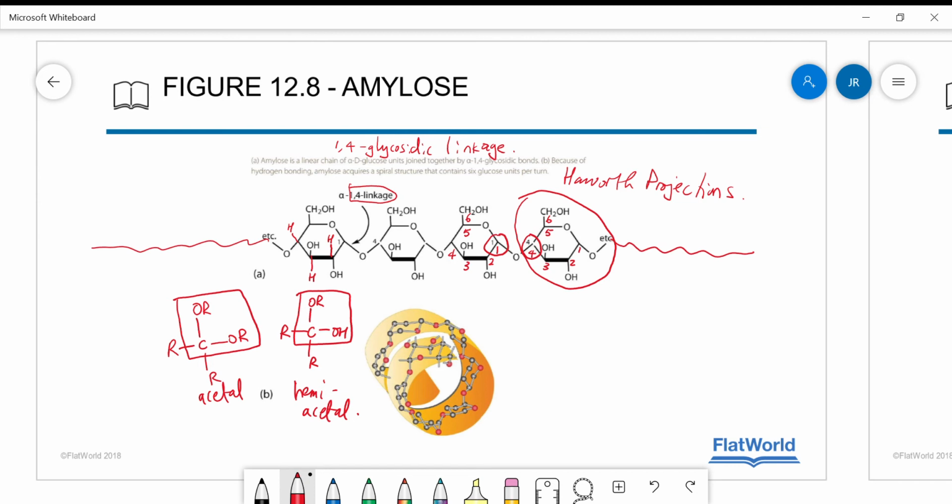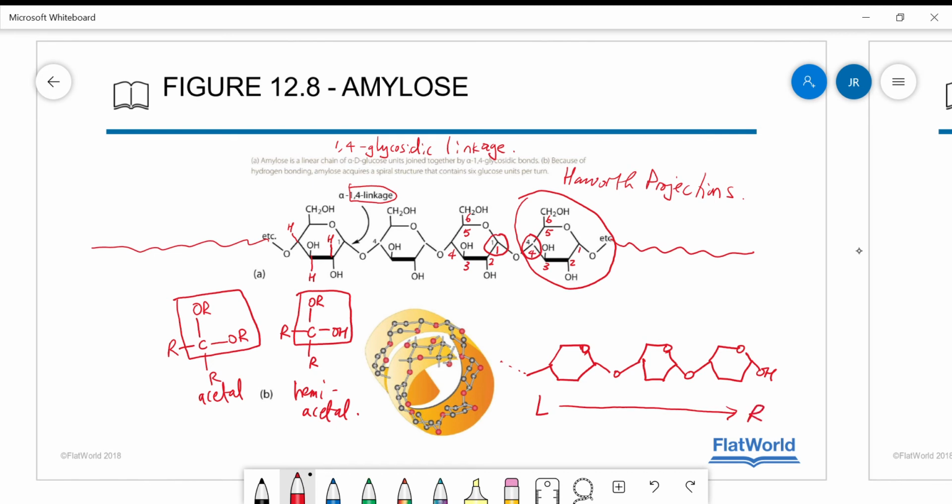We have acetals. So essentially, if I just draw a quick cartoon, I'll make this the last one. Let's say we go from left to right, the way it's drawn on the page.